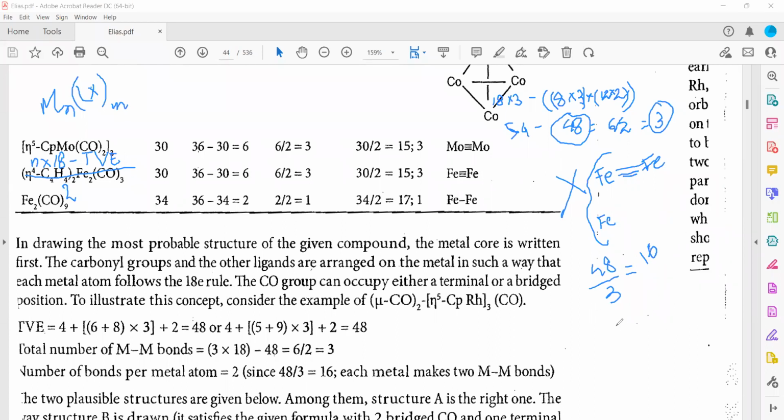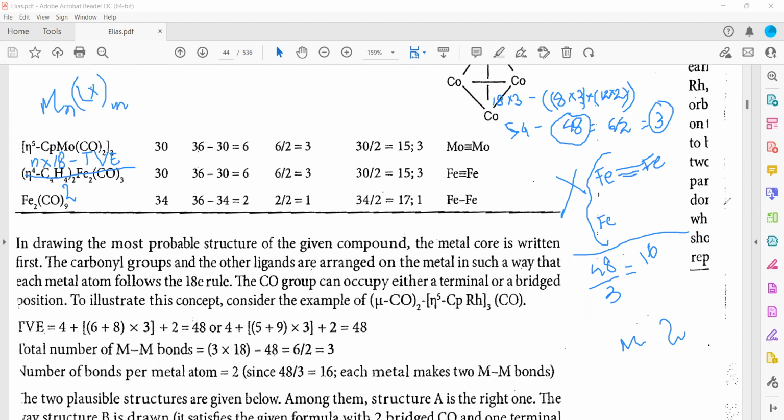This indicates that in the complex, each metal is a 16 electron species, right? So in order to fulfill 18 electron, this metal needs 2 more bonds. Okay, so it will form 2 more bonds. That is 2, so we can say there are 2 bonds per metal.